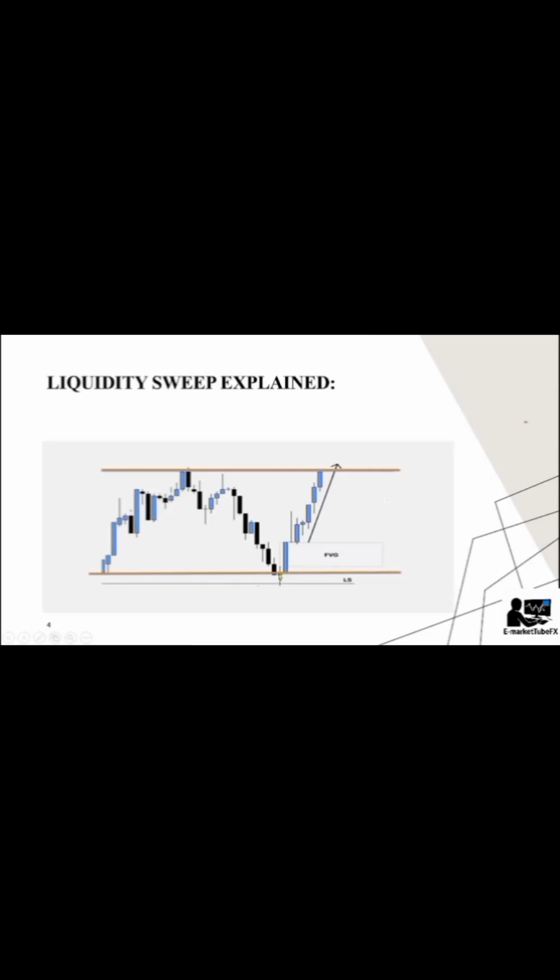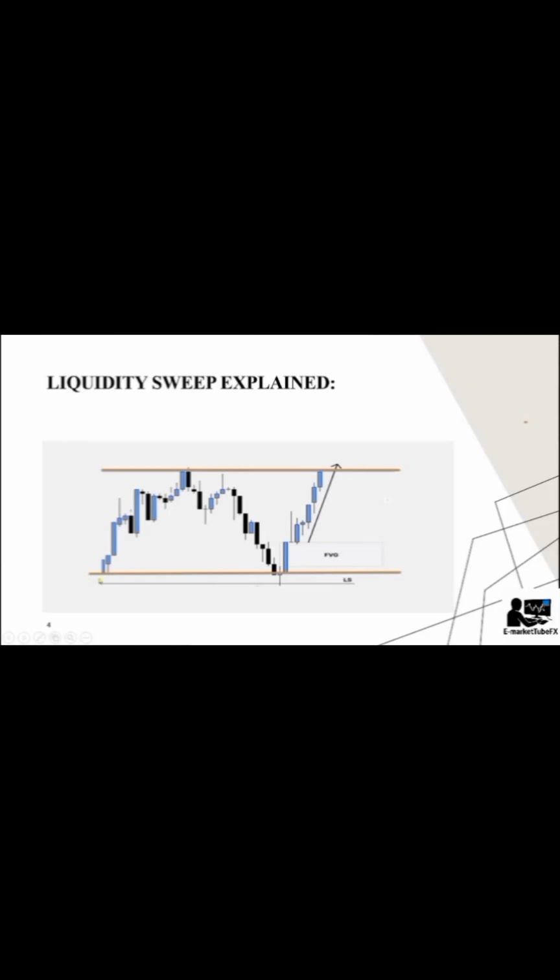As price reversed down to this zone, it has triggered their stop loss and taken them out of the market. So what do we call this event or this situation or this instance? Liquidity sweep.